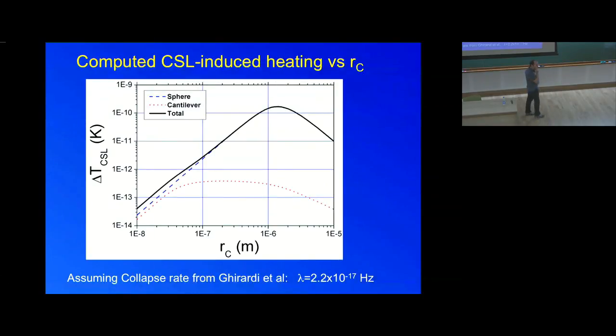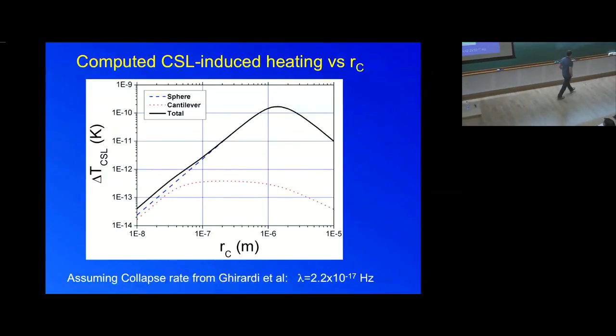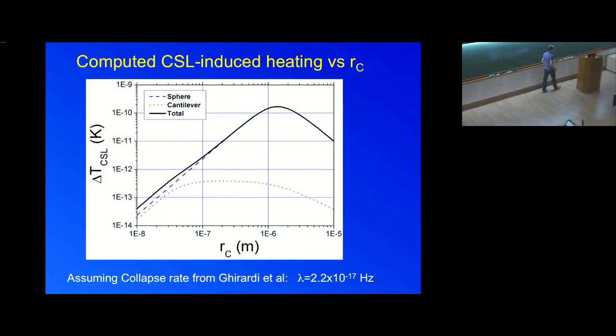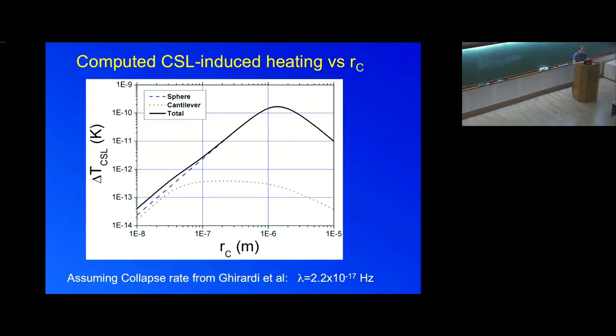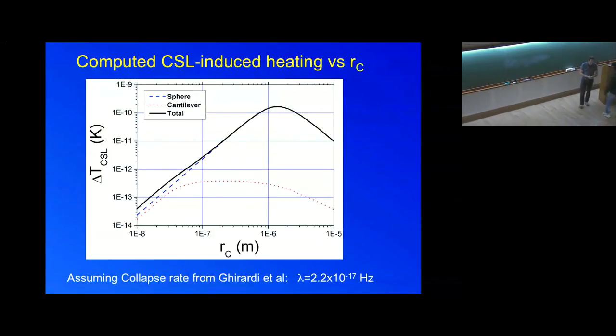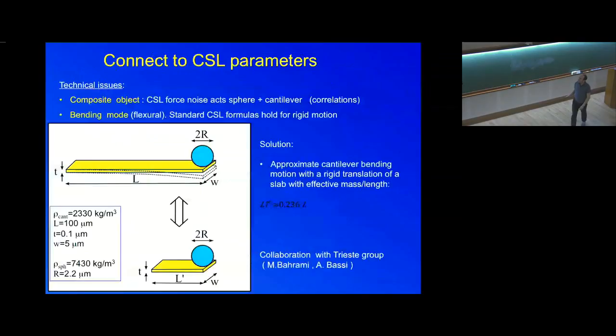Otherwise, maybe I can, okay. So for instance, this is the system essentially.